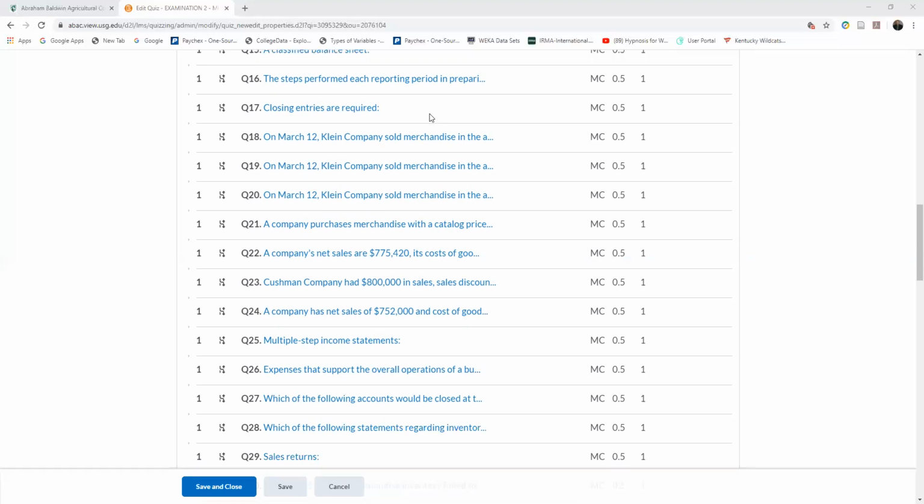The first is that if we are on a perpetual system, and that's what most merchandising companies are on, in other words, they know what their inventory is all the time, theoretically. And the way that they know that, and what you generally don't see, is how this works.